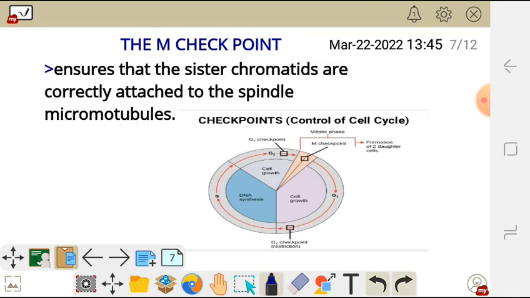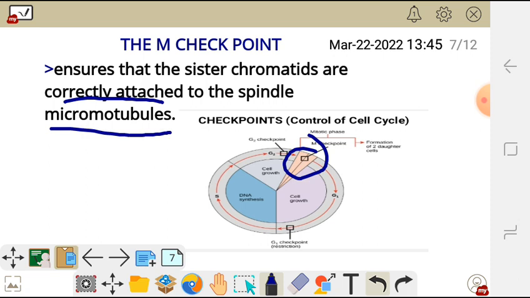Then from there, we have the M checkpoint, which is the last checkpoint in the cell cycle. It ensures that the sister chromatids are correctly attached to the spindle microtubules.